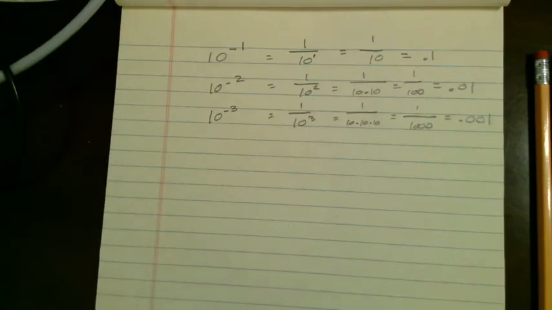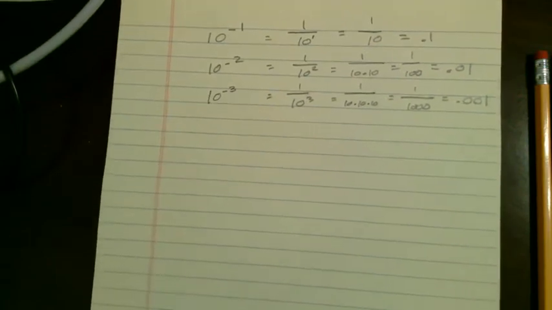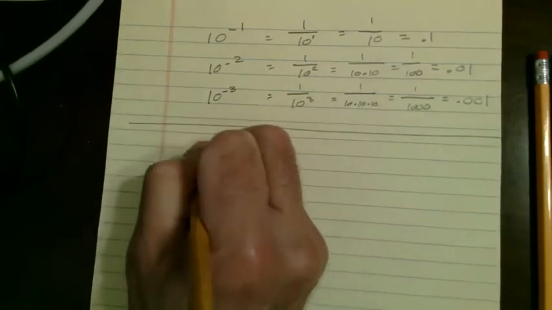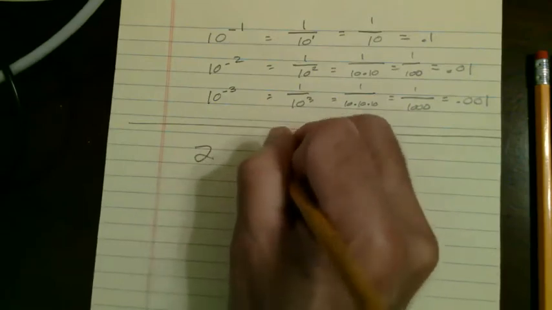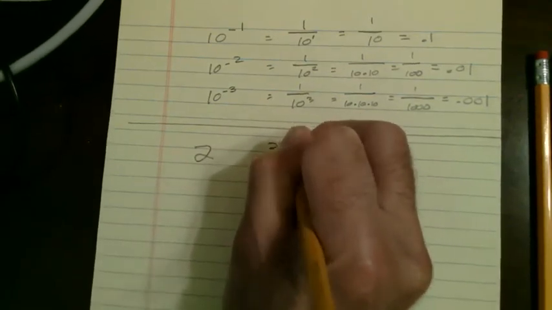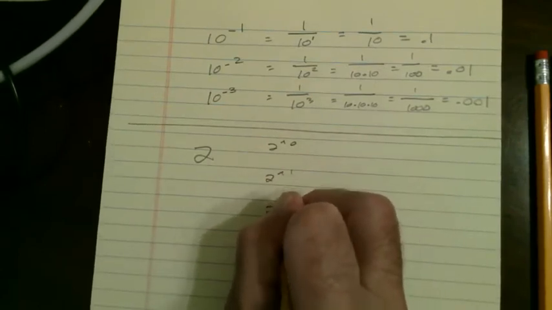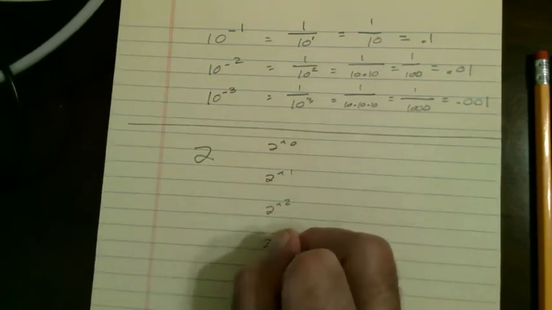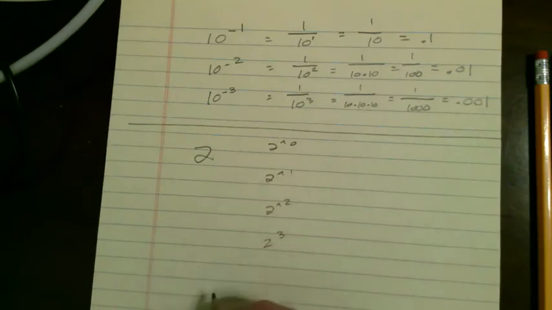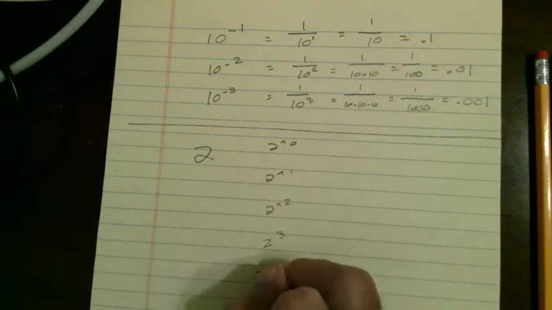All right, so now that you have kind of that concept, let's think about this for a different numbered base. Take the number 2. And we want to try 2 to the 0, 2 to the first, 2 squared, 2 cubed, 2 to the fourth.